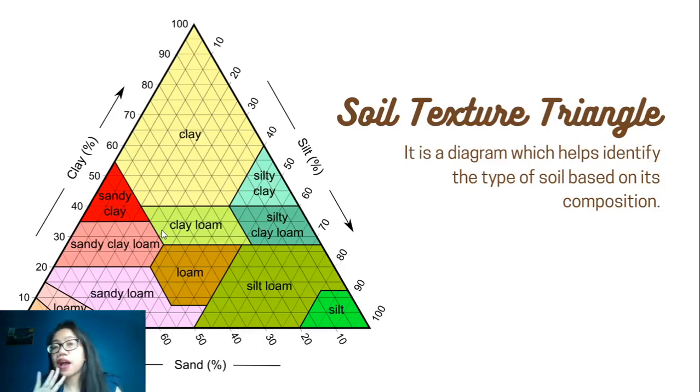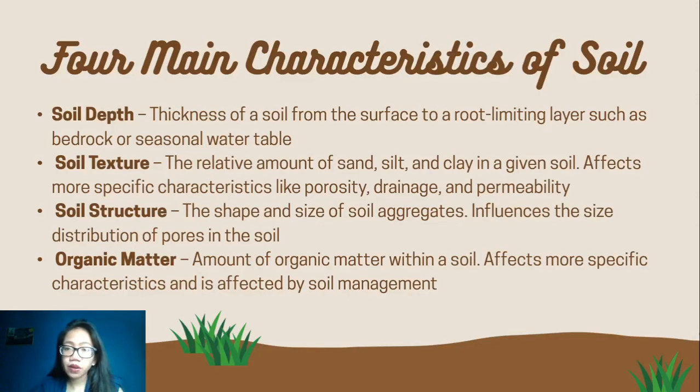Don't worry, you don't have to memorize this. I'm just showing you how we classify our soil textures. So this is a useful tool for our scientists to identify the type of soil based on the composition. Okay, so the other ways that we describe our soil are these.